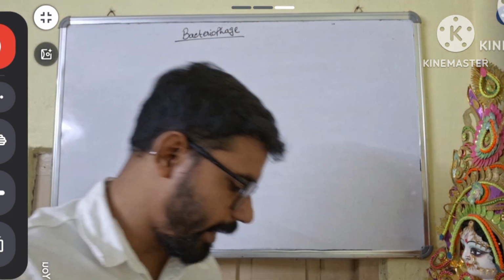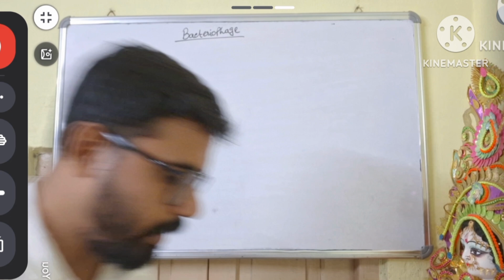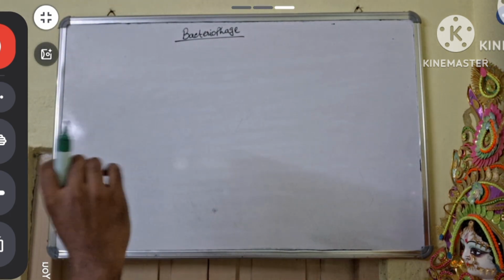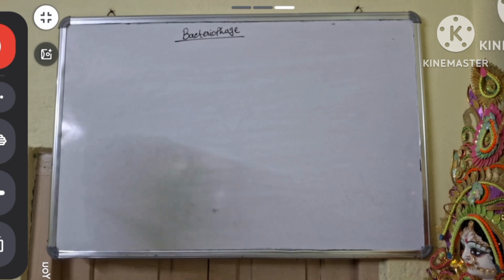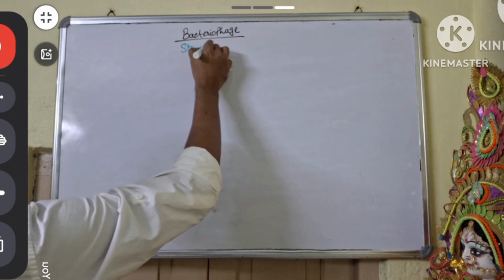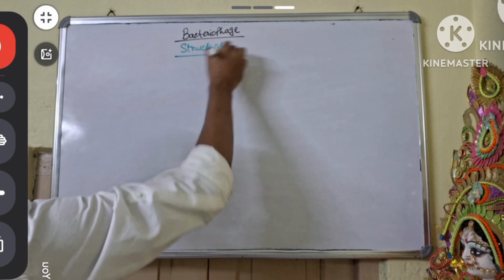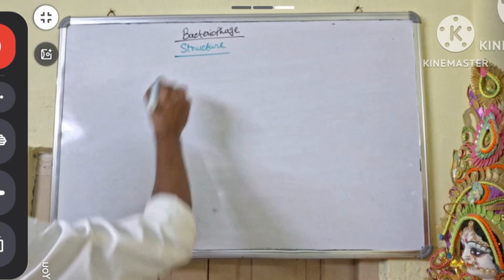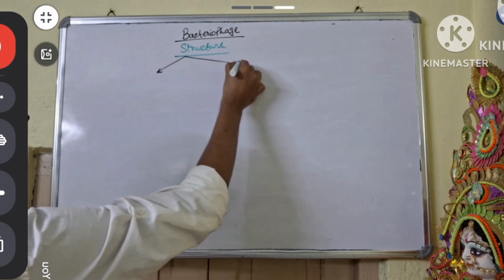Bacteriophage means bacteria attacking viruses. Bacteria attacking viruses are called bacteriophage. Clearly, their host cell is a bacteria. Bacteriophage structure. First, they have two parts in their structure, head and tail.